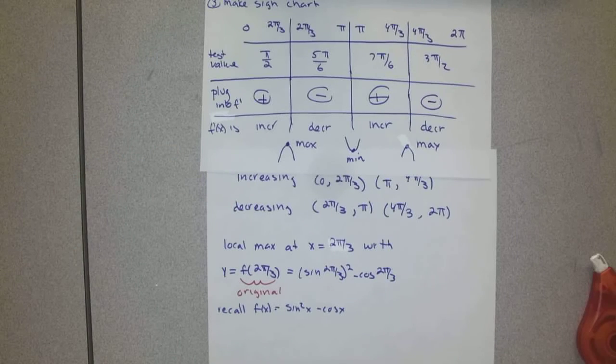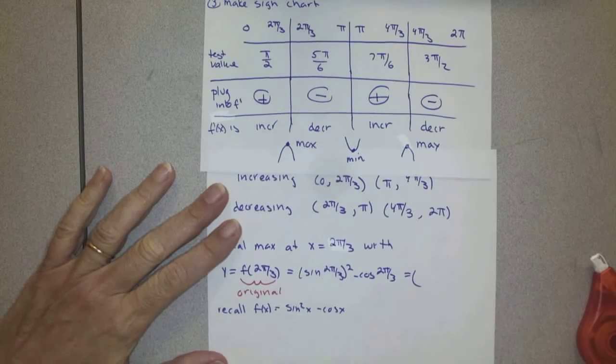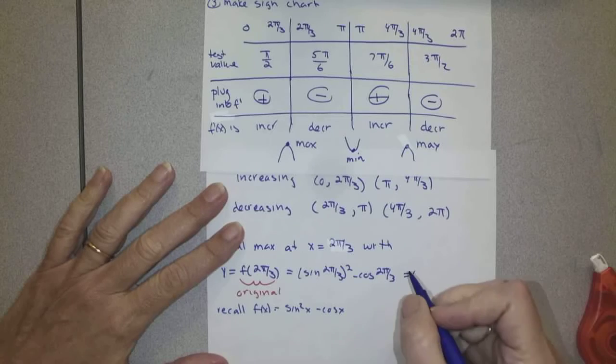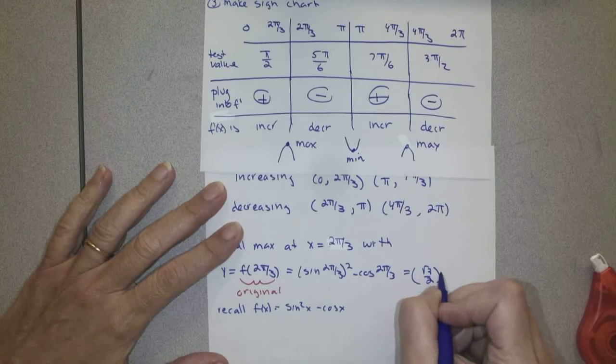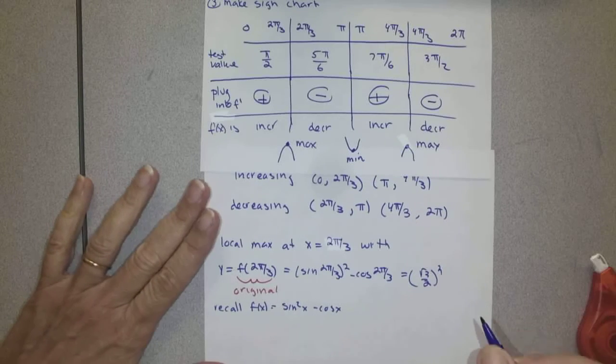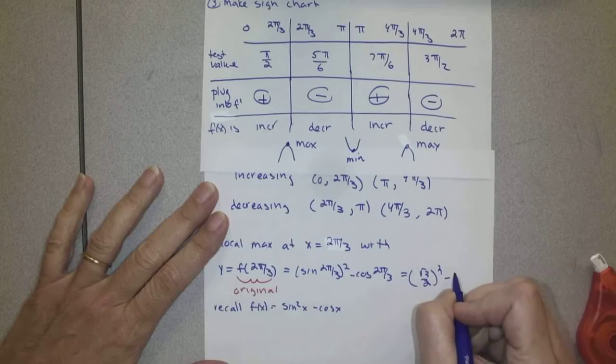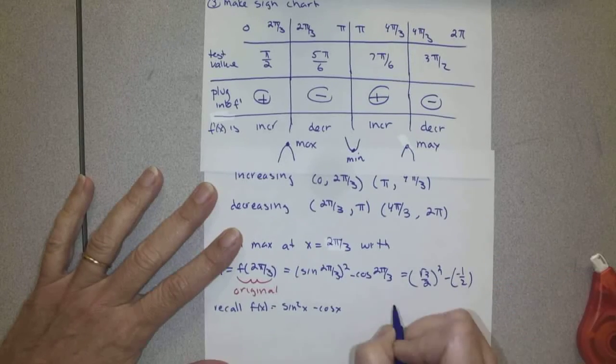And now here, your calculator would tell you a decimal value, but you aren't going to get full credit for a decimal value. Sine of 2 pi over 3 is square root of 3 over 2. Cosine of 2 pi over 3 is negative 1/2.